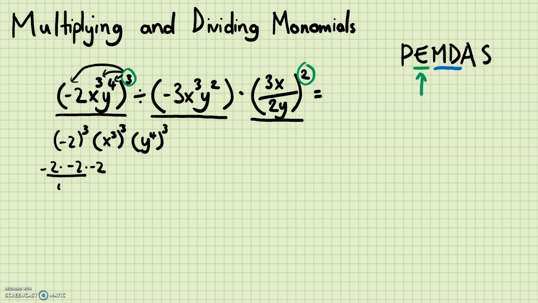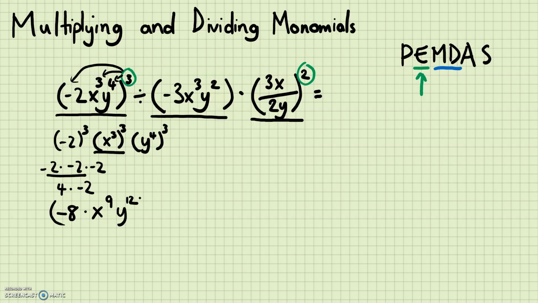That is positive 4 times negative 2, which is going to be negative 8. Okay, x cubed to the third power. This is a power rule. We need to use the power rule and multiply the 3's together, so we get x to the ninth power. And same thing here, we use the power rule for y: 4 times 3, so that's y to the 12th.